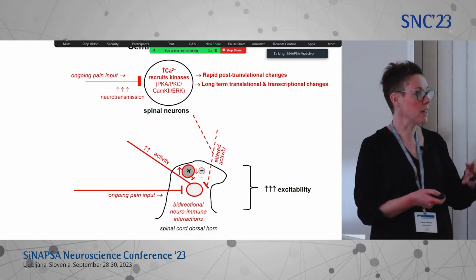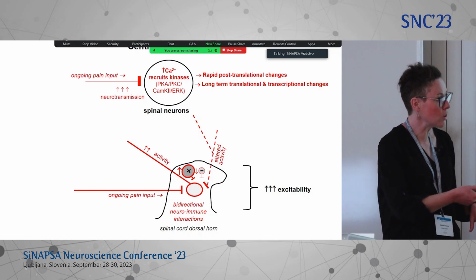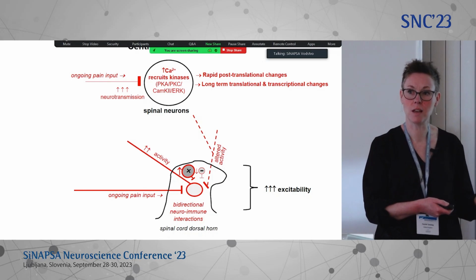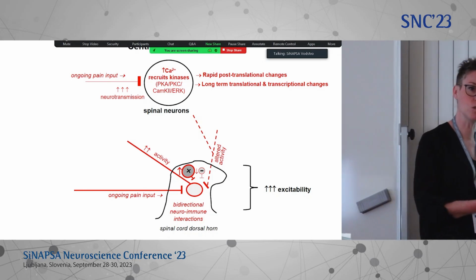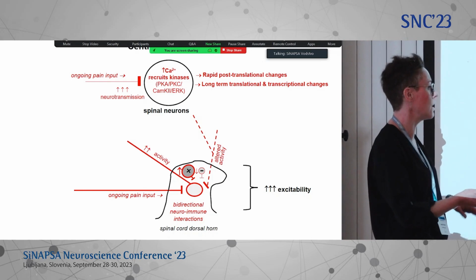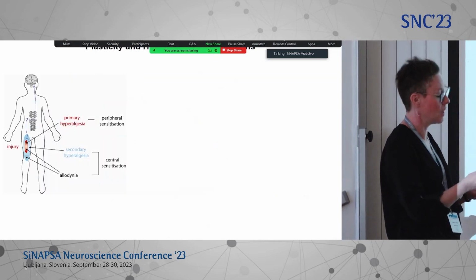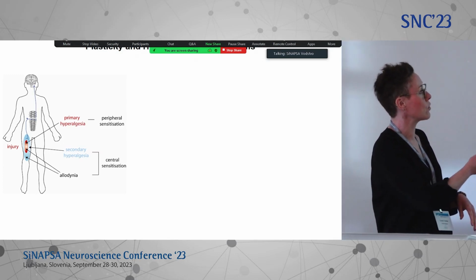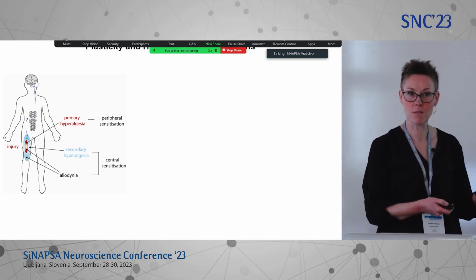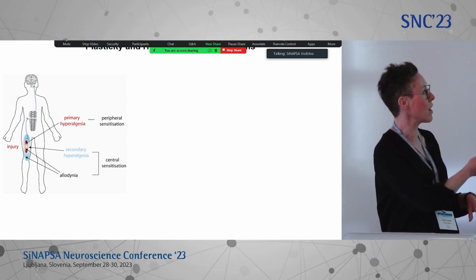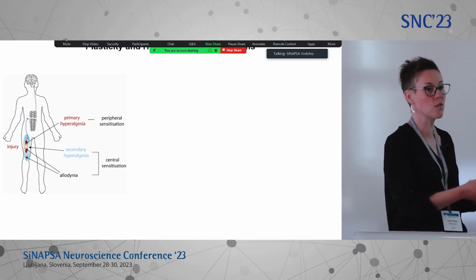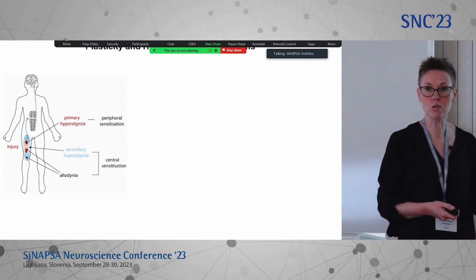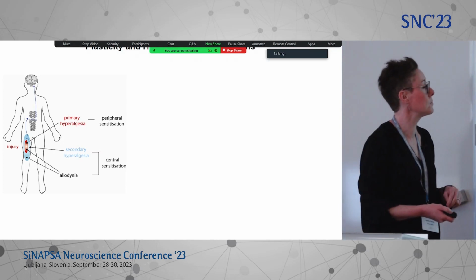So what I'd like to do now is look at how these changes and that altered sensory processing actually relates to those pain hypersensitivity symptoms. So following a peripheral injury, we know that there are two main zones of hypersensitivity, the injured zone in red, but there's also this surrounding area in blue that is not injured, but also becomes hypersensitive.